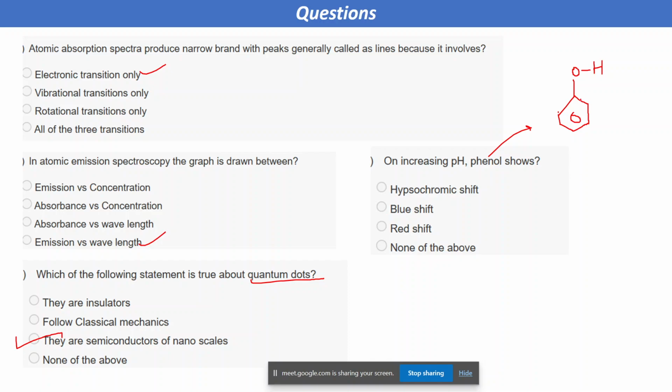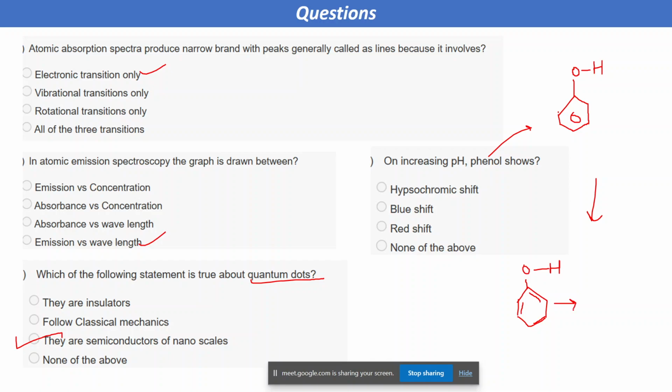See, they're asking about the phenol group. Absorption is at a higher wavelength, and higher wavelength means red shift. Why red shift? On increasing the pH, they're talking about basic conditions. So what happens in base?